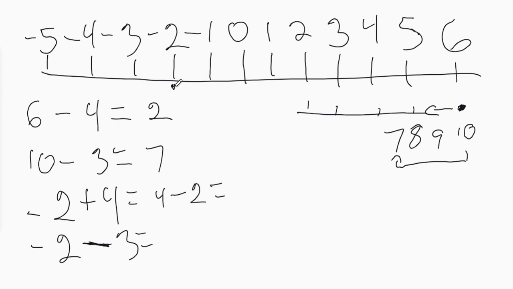But since we have negative 2 and we added 4, 1, 2, 3, 4. So negative 2, we're going to erase this. Negative 2 plus 4 is going to be positive 2.